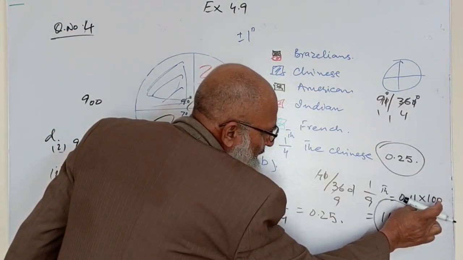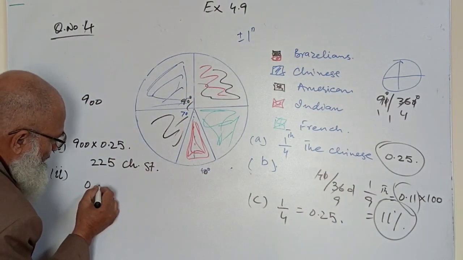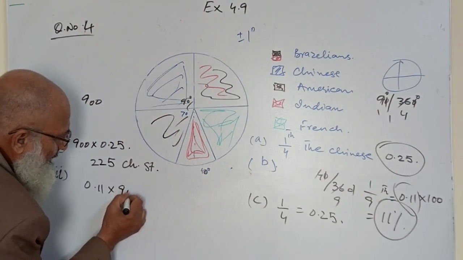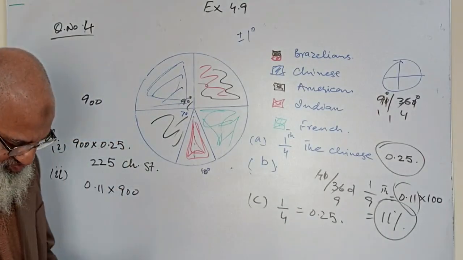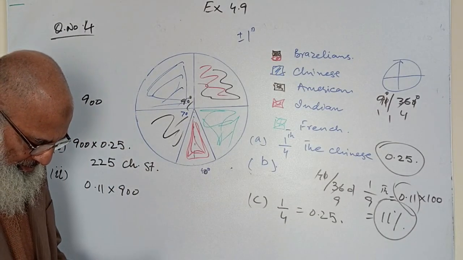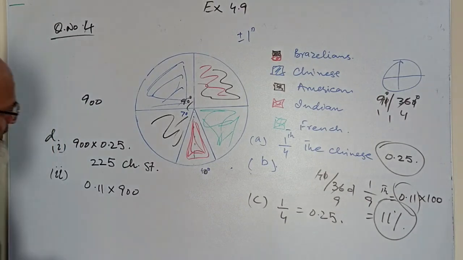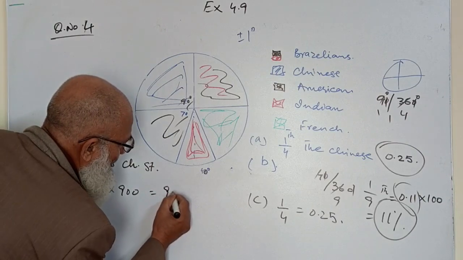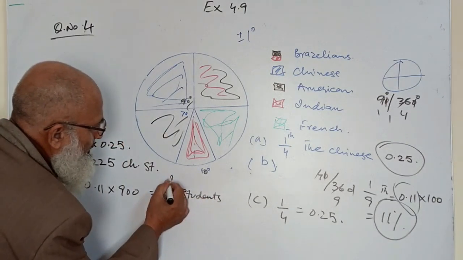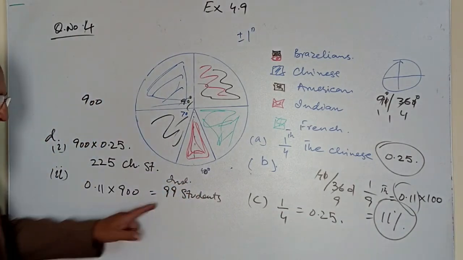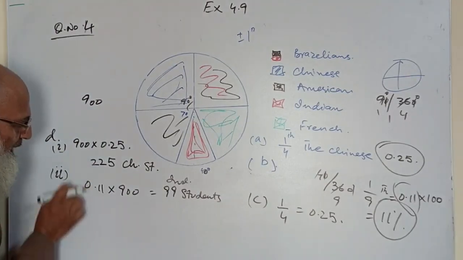Now we have kept this answer, so 0.11 multiplied by 900. 0.11 multiplied by 900 will give about 99 students, 99 Indian students. Maybe your book has given 100, so there is a chance of error in the angles.